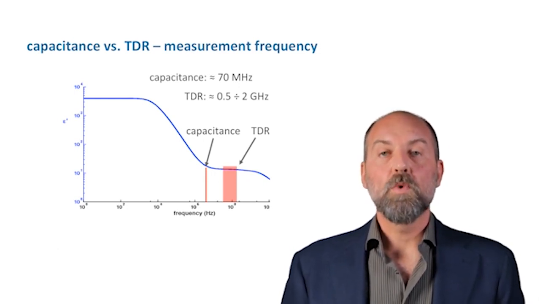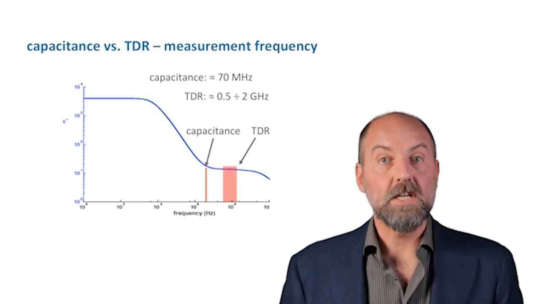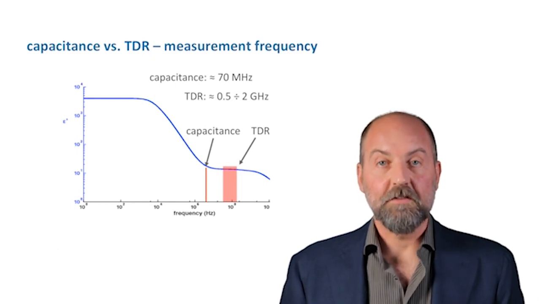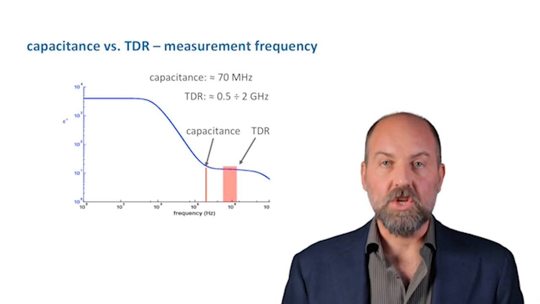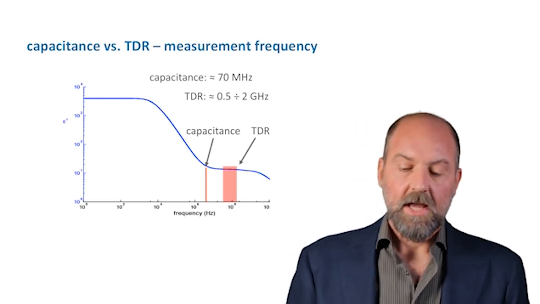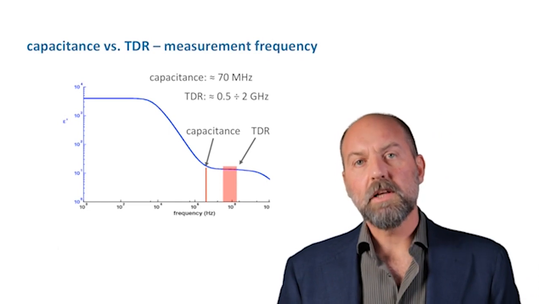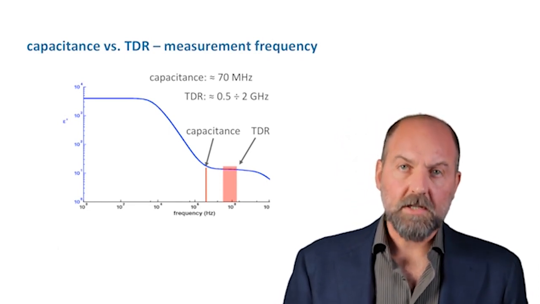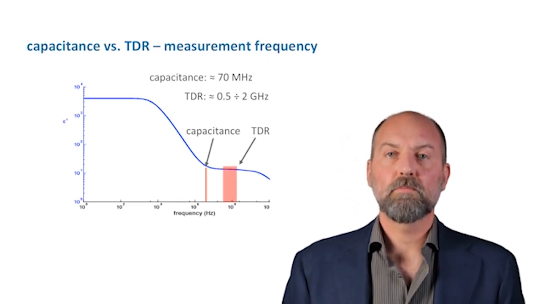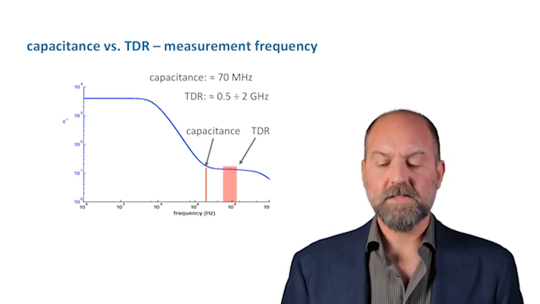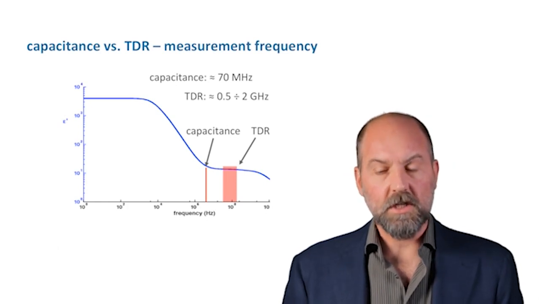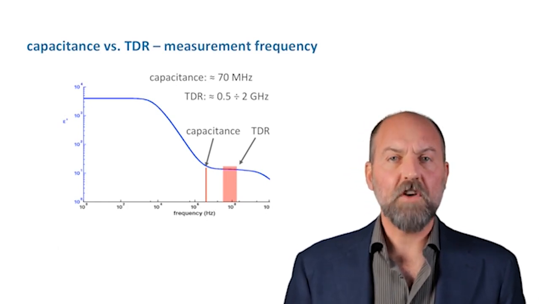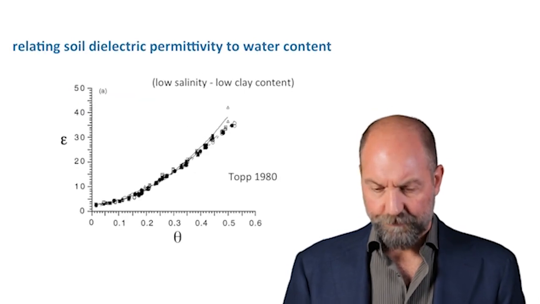As a result, we cannot speak of a well-determined effective frequency, but rather we can speak of a frequency range at which TDR operates. And values reported in literature and also some numerical tests that I have performed myself in the past indicate that a reasonable range for the TDR system is between 0.5 and 2 gigahertz.